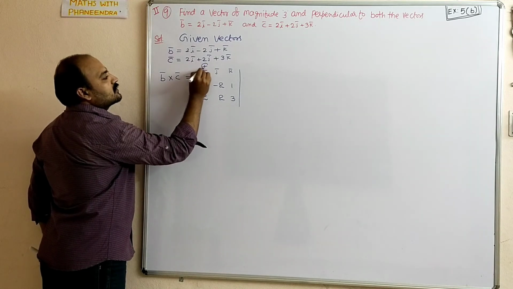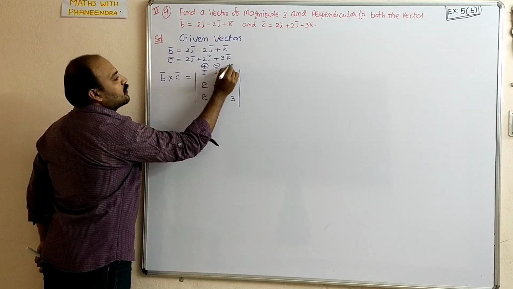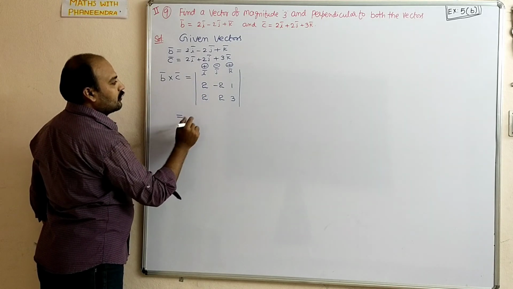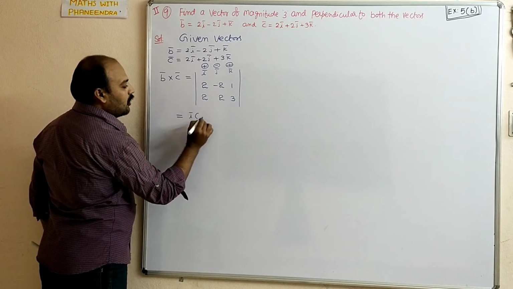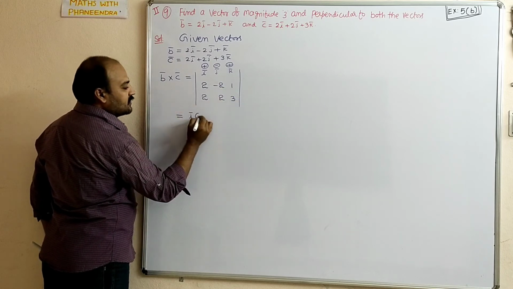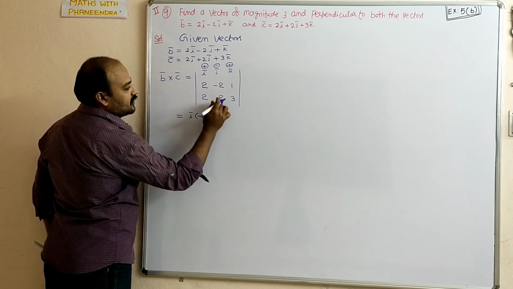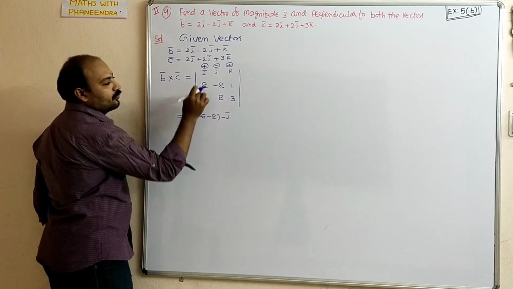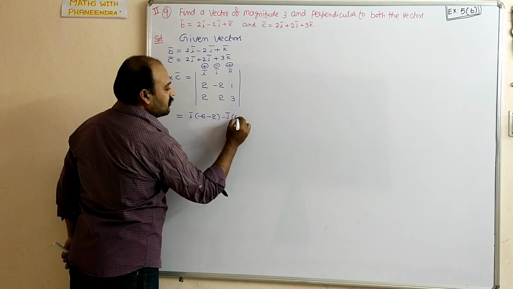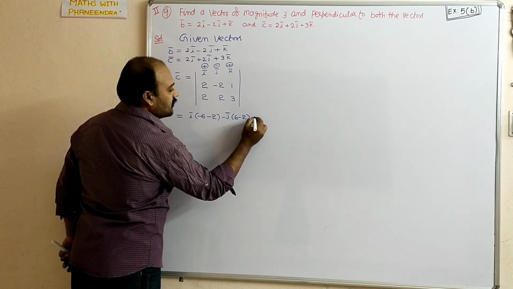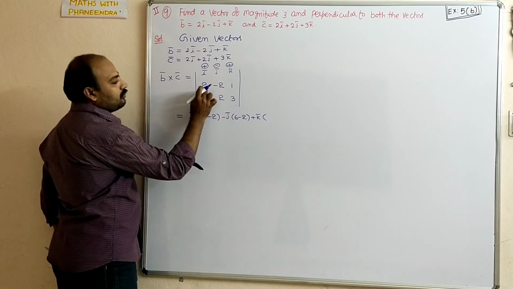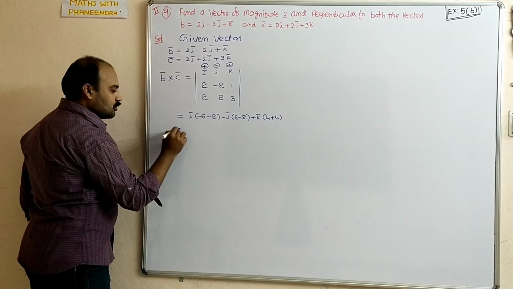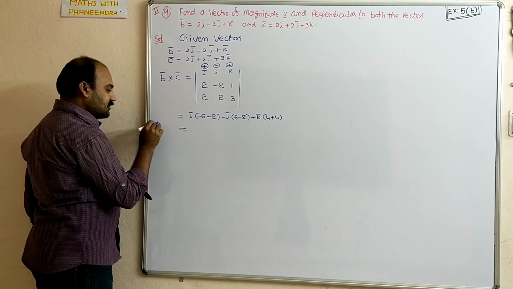So this is plus, this is minus, this is plus. Which is equal to i bar into minus 2 into 3 minus 2 into 1, that is minus 6 minus 2, minus j bar into 2 threes are 6 minus 2, plus k bar into 4 minus of minus 4, 4 plus 4.